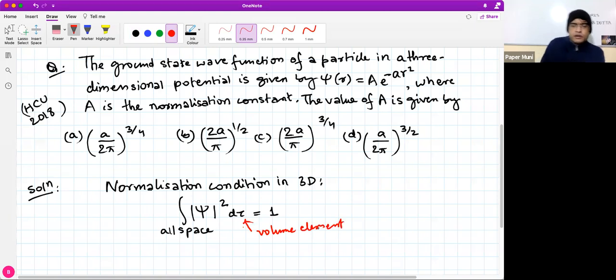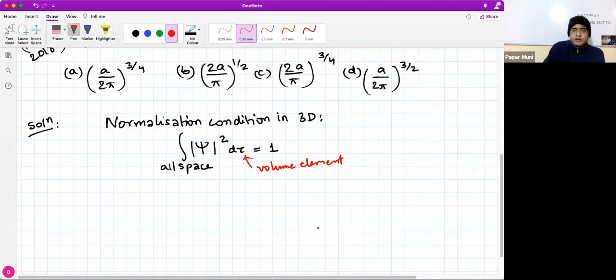All right, now let's do the calculation. If we write down the expression with the wave function that has been given to us, the integration will be from r equal to 0 to infinity, theta from 0 to pi, and phi from 0 to 2 pi.